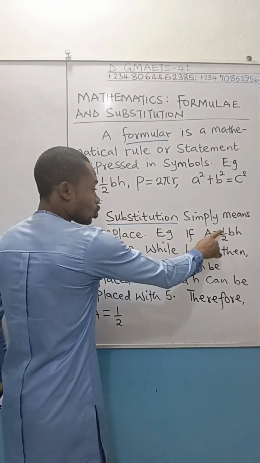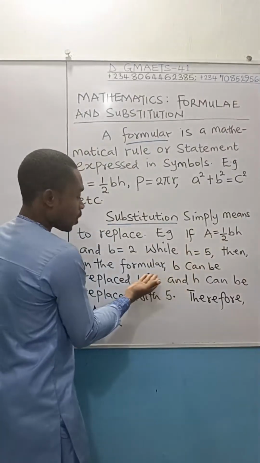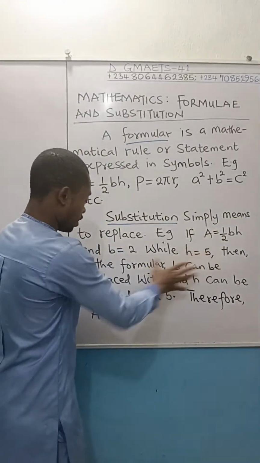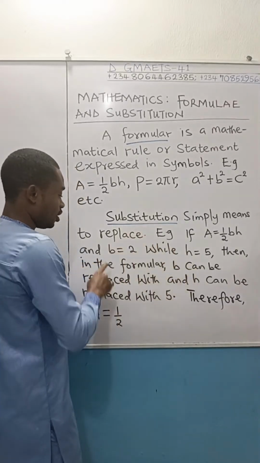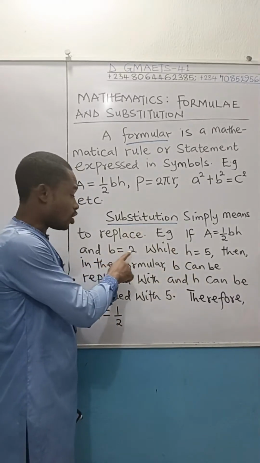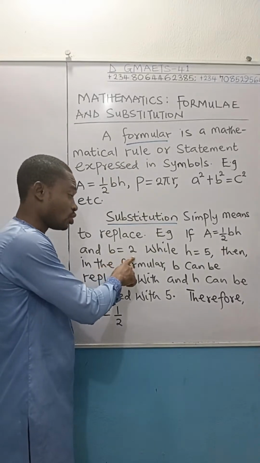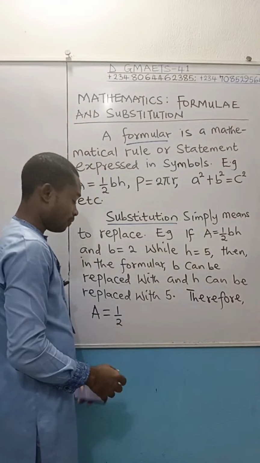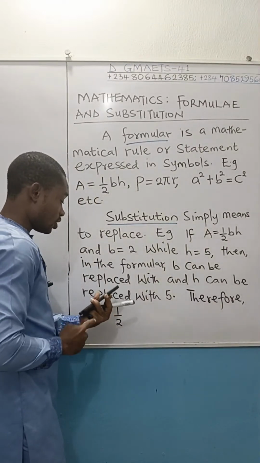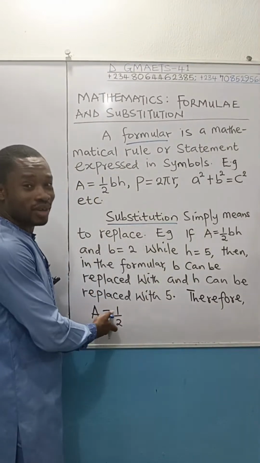So A equal to 1 over 2. This A, we were not given the value of A. We were only told the number representing B, which is 2, and the number representing H, which is 5. So I'll simply come to this formula.